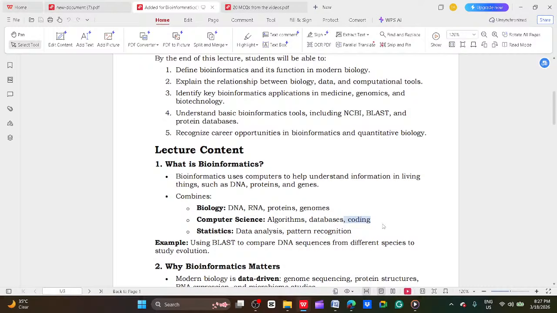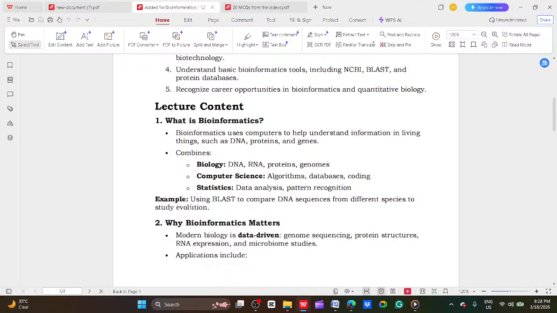All these are only needed at the advanced stage of bioinformatics. It's not needed at this level because you are beginners. Then statistics, you don't need too much of computer science and statistics before you learn about bioinformatics. So we are going to see more of this.